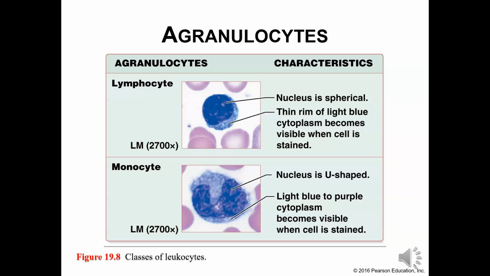B cells produce antibodies. T cells are what directly fight the invading antigen. Now, monocytes, remember, are the largest of your white blood cells. They generally have a bilobed or U-shaped nucleus with a light blue to purple cytoplasm. Remember, these cells can sometimes mature into macrophages whenever they're exposed in the tissues to different antigens.